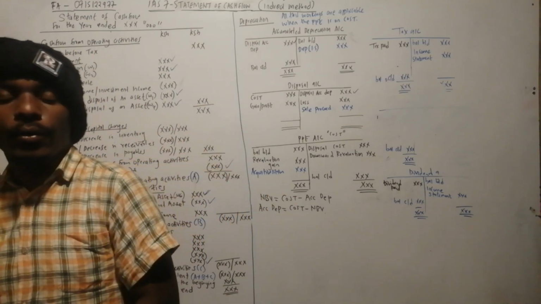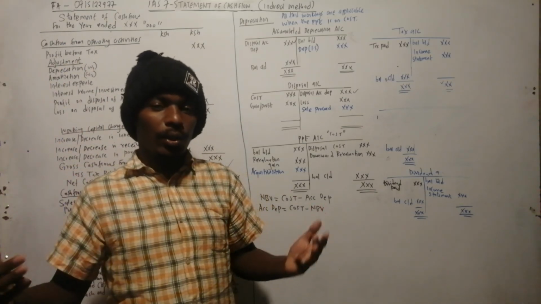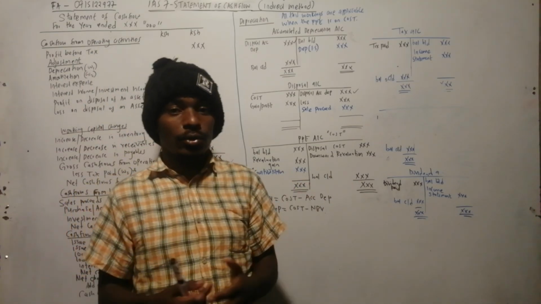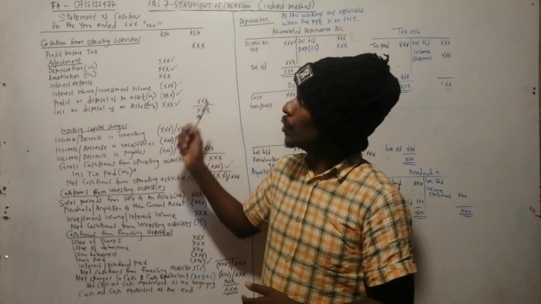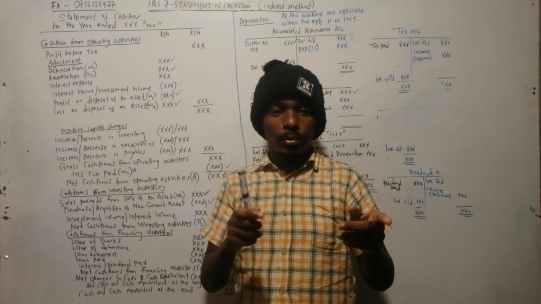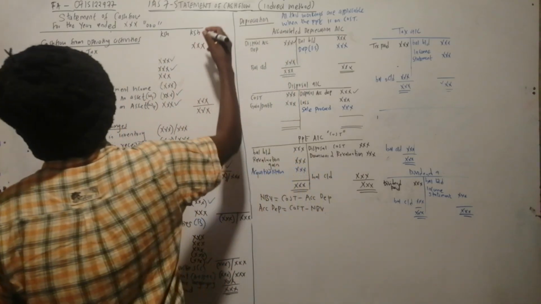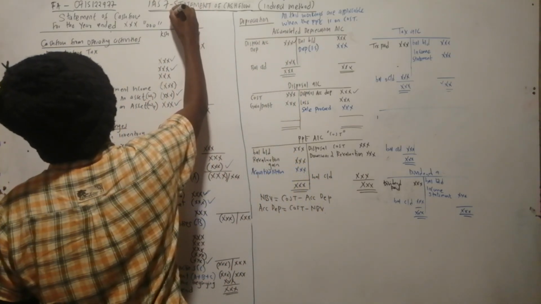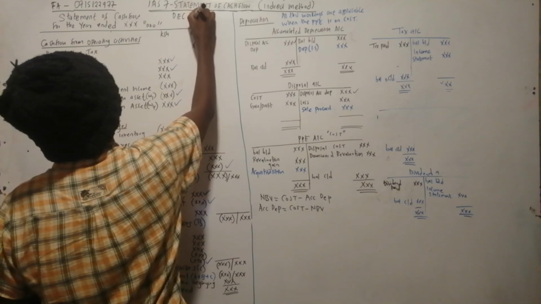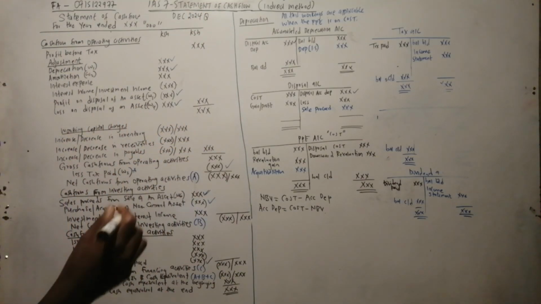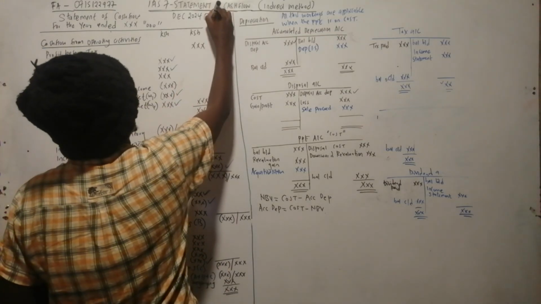So today we are going to continue by doing a question so that we can see what is required of us. To be specific, we shall do a question of December 2024. I think it's question number 3B.